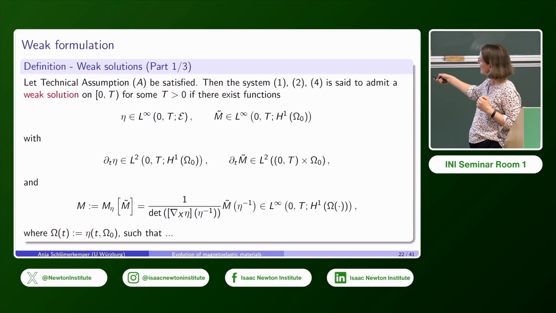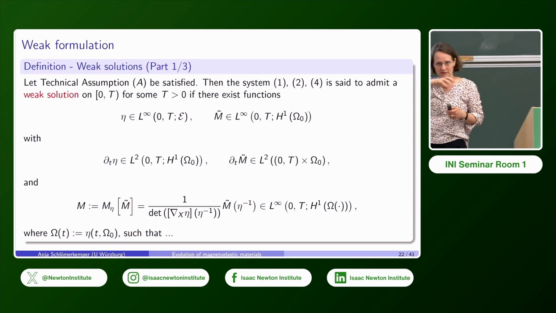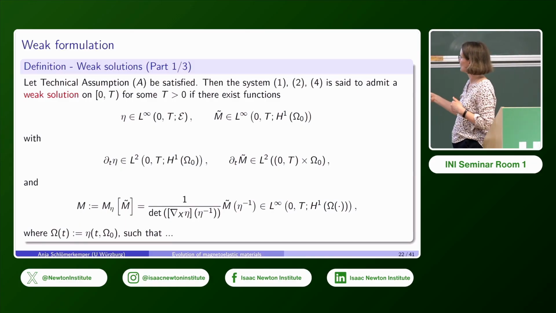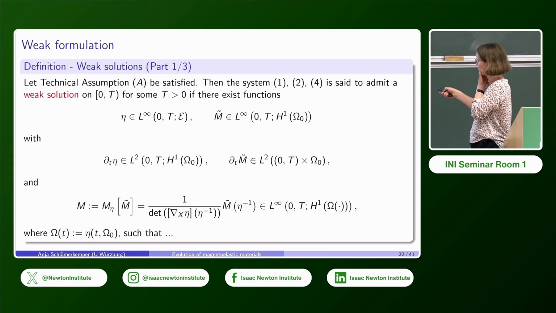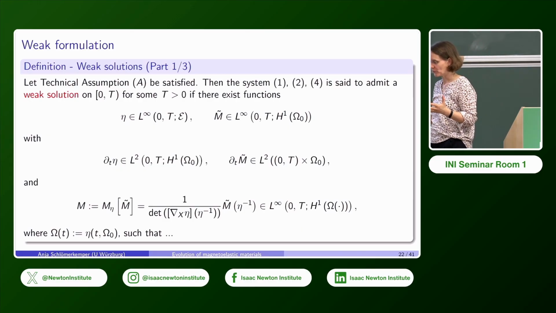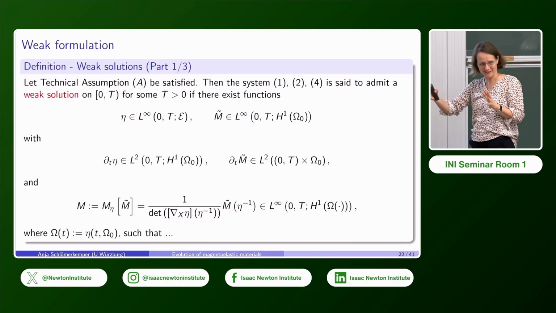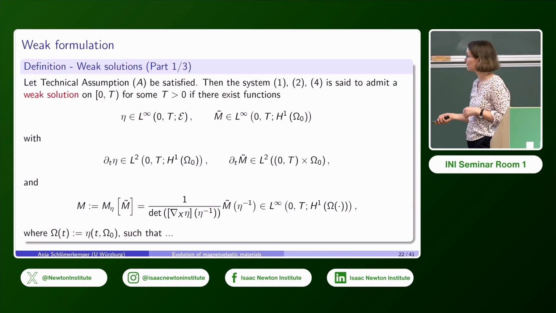Whereas here, I want to allow for time-dependent spaces. Our deformed configuration can vary in time. Okay, this is what we allow, and I will give you a definition of this kind of space later. But that's also what makes it a problem, because we want to allow the material to deform. It's not constrained to a fixed container, but we can deform the boundary.